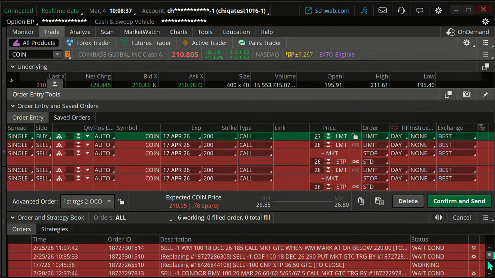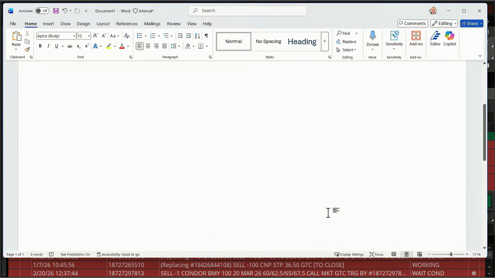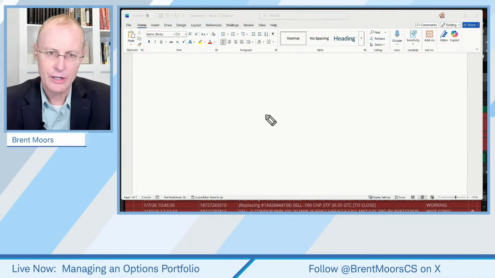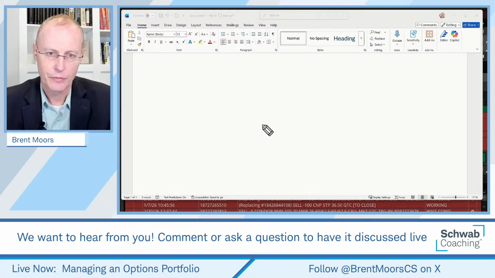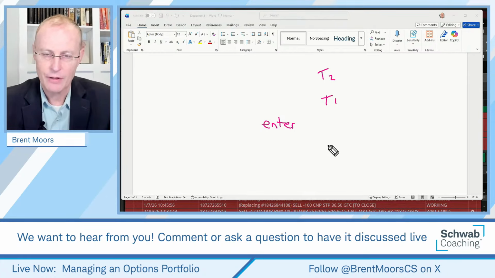So let me illustrate this for you, schematically, if you will. We're going to enter our trade here. Okay, so we're going to say enter. And if the stock goes up here, we have target 1, and if it goes up here, we have target 2. And then we're going to have a stop down here. What we're going to do is an OCO.